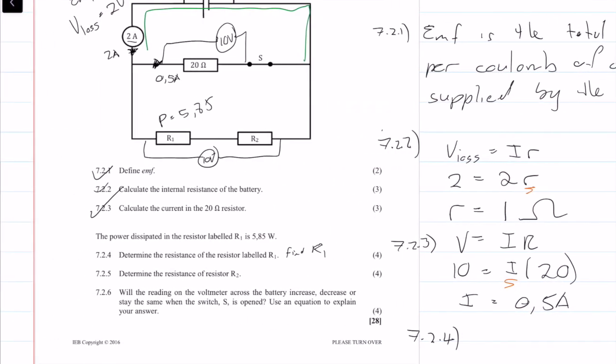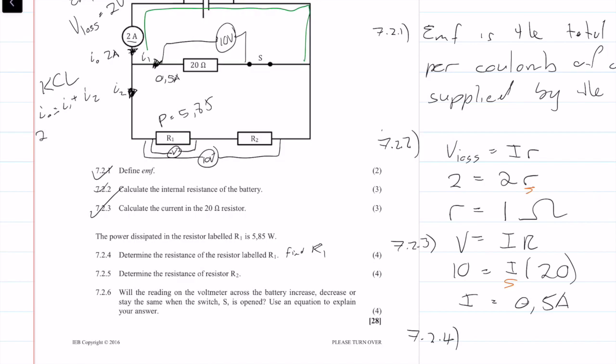Okay, so I don't know what the voltage across R1 is. R1 alone, that's an unknown voltage. So I'm going to leave that and try and work out the current. Using Kirchhoff's current law, we can say that the current in, let's label this I0, is equal to I1 plus I2.